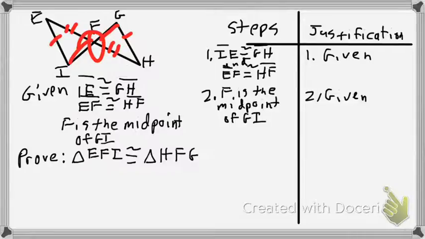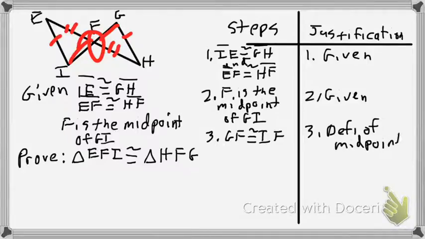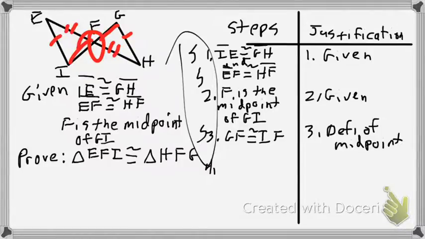So now we can say that GF is congruent to GI, and that's the definition of a midpoint. Then we look here and we see that we have one side, two sides, three sides, and that's going to give us our side, side, side congruency.